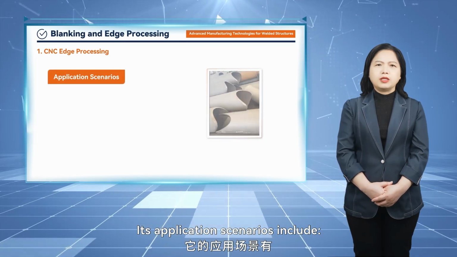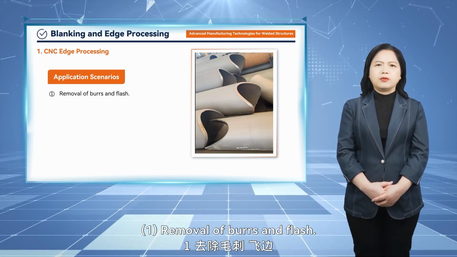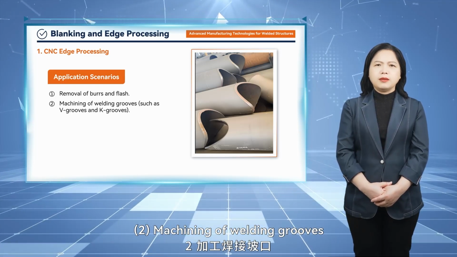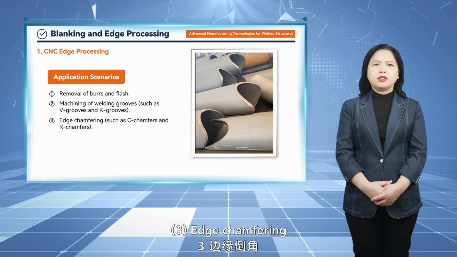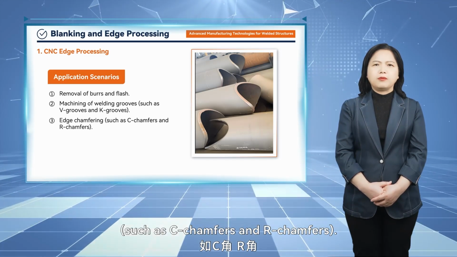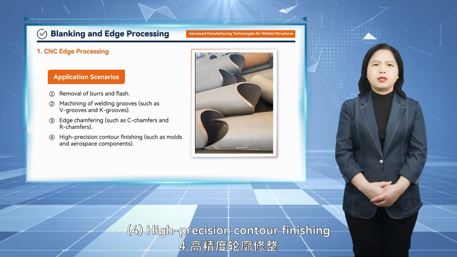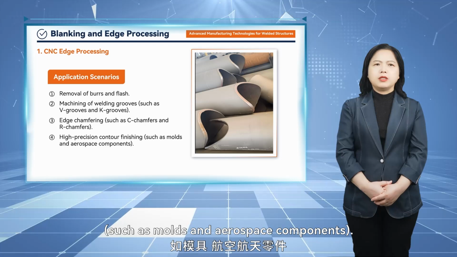Its application scenarios include: 1. Removal of burrs and flash. 2. Machining of welding grooves, such as V grooves and K grooves. 3. Edge chamfering, such as C chamfers and R chamfers. 4. High precision contour finishing, such as molds and aerospace components.